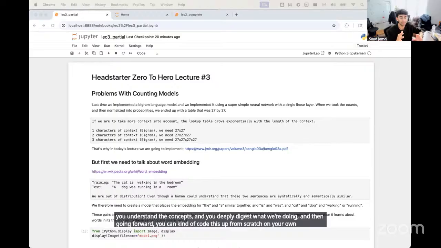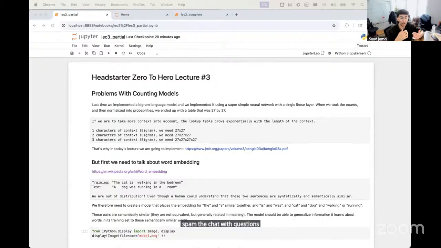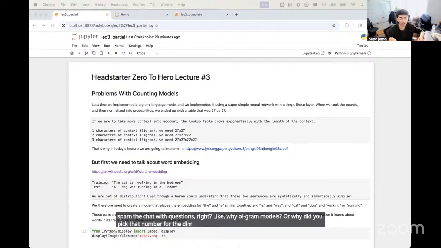So please, please, please do not spam the chat with, oh, this line isn't working, that line isn't working. You have the completed code in front of you for that reason that Faizan gave you. Spam the chat with questions, right? Like, why bigram models? Or why did you pick that number for the dimensionality? Or, hey, Saad, what's going to happen when we try to train this model on multiple machines or stuff like that, right? So let's jump right into it.